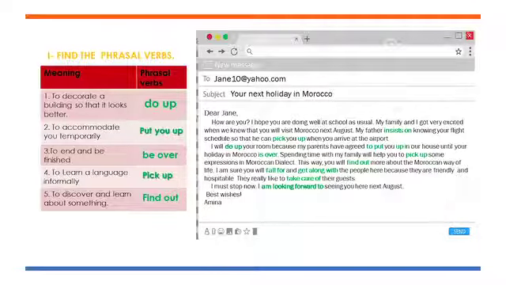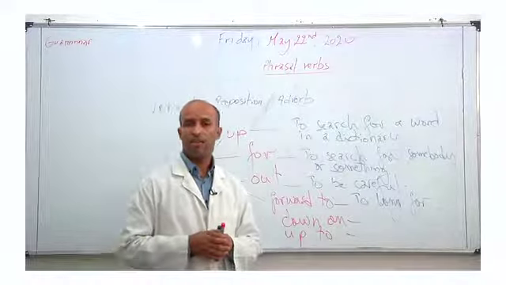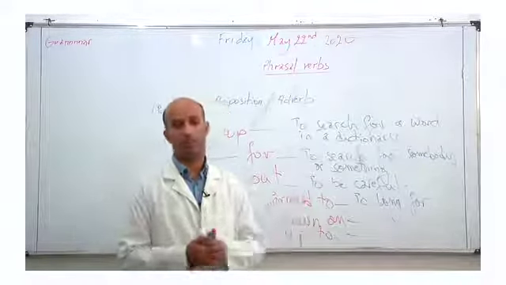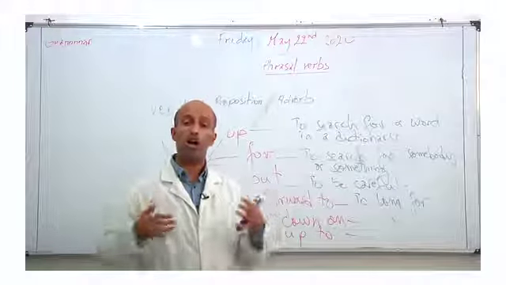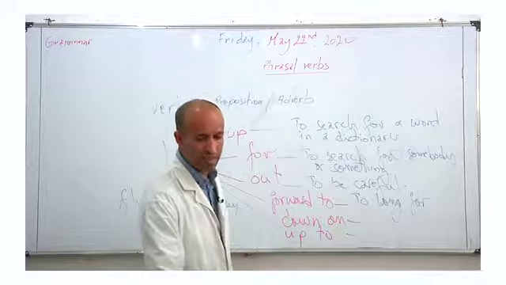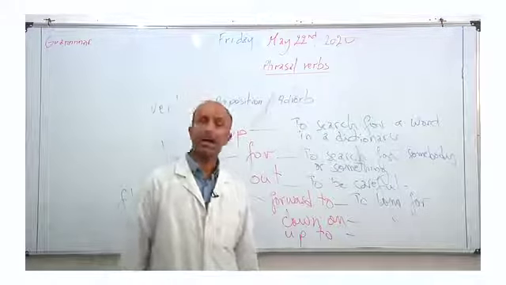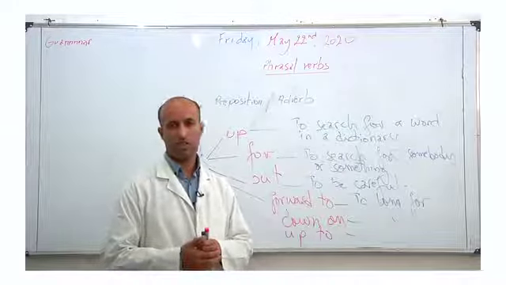So when you pick up some Moroccan expressions, you will find out more about the Moroccan way of life. You will understand more. You will know and learn more about the culture of Morocco. So here the phrasal verb is find out. Find out means to discover, to learn about something.